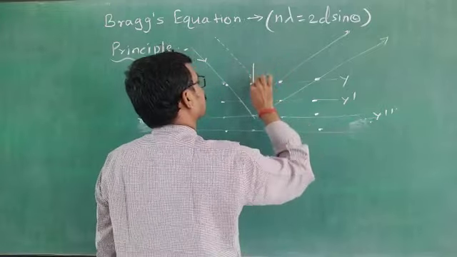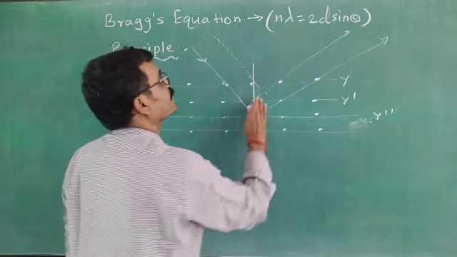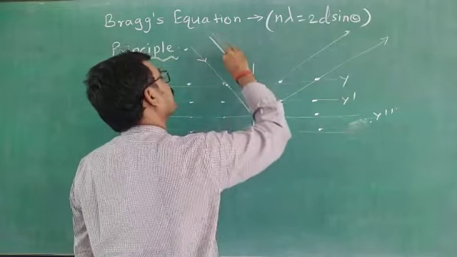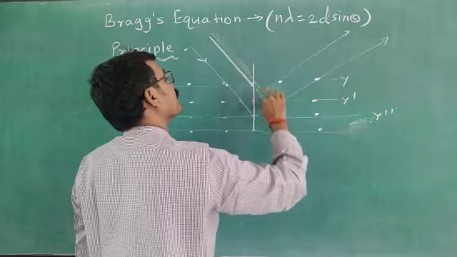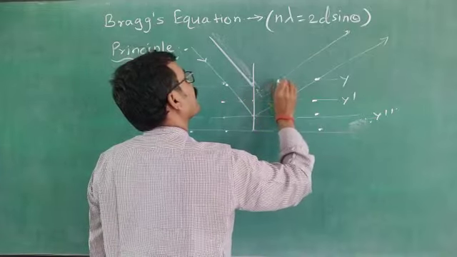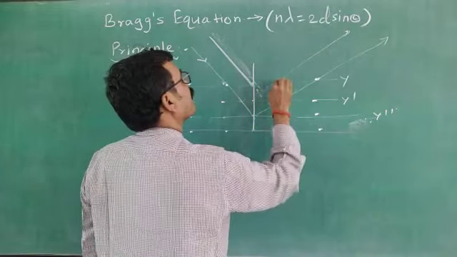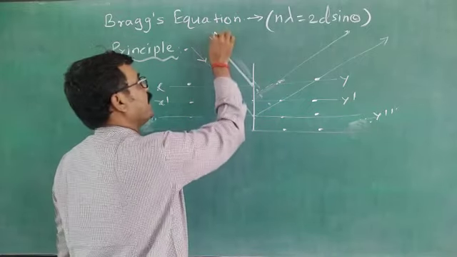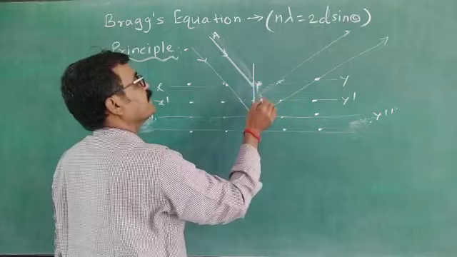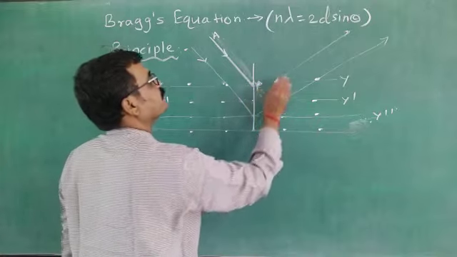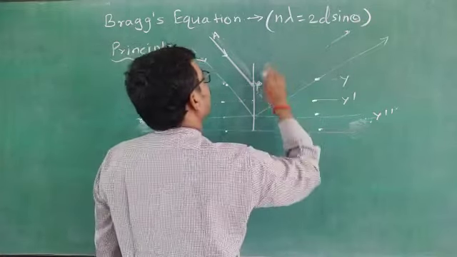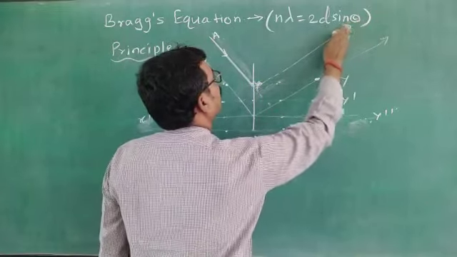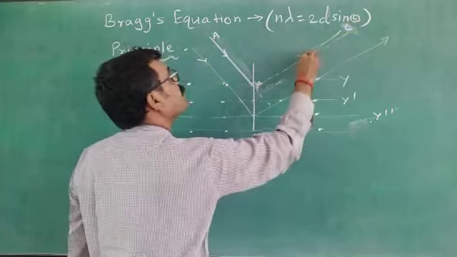Getting it? Now here this AB is the incident X-ray. It is reflected from this point along BC.